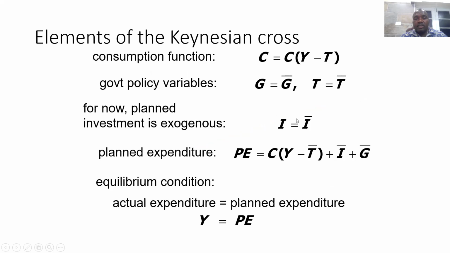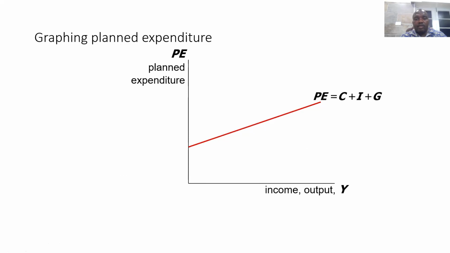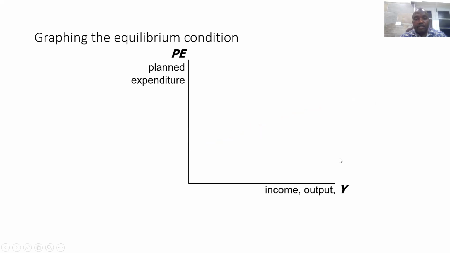So they just augment the autonomous consumption bit, shifting the planned or aggregate expenditure curve upwards. The slope of this function is the marginal propensity to consume, because the other variables are government policy variables, and investment spending is taken to be exogenous.